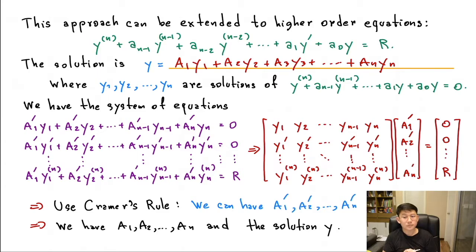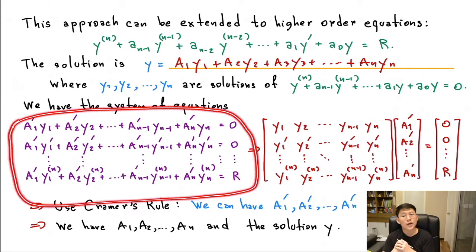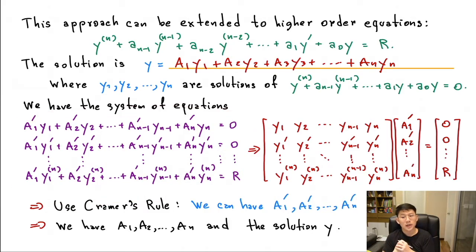After that, if we repeat the same process, we will come up with this system of linear equations, which can be written as this matrix.